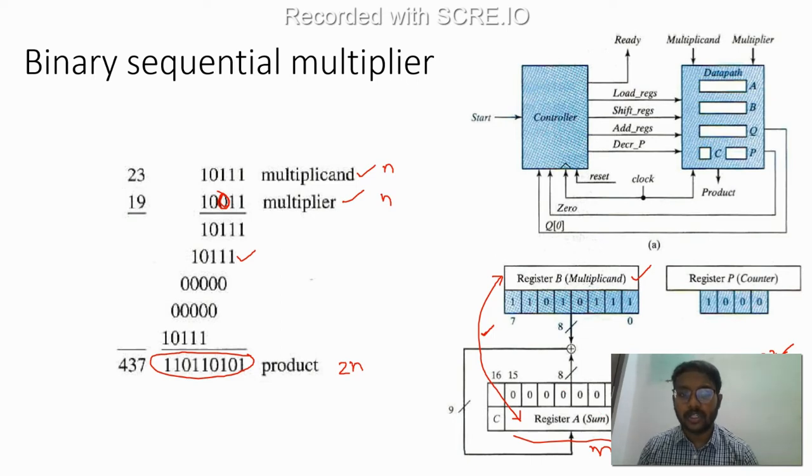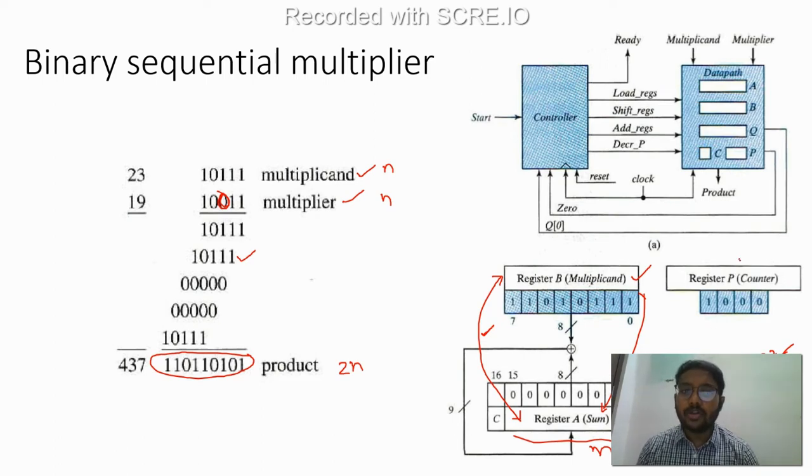If Q of 0 is 1, you need to add the multiplicand and the register A, followed by a shift right operation. Depending on the multiplier bit, you add the multiplicand to the accumulated partial product, let's call it the accumulator or the register A, and then shift one bit.